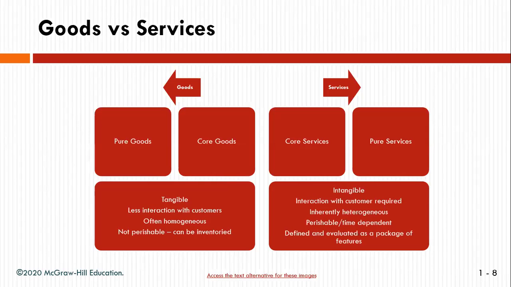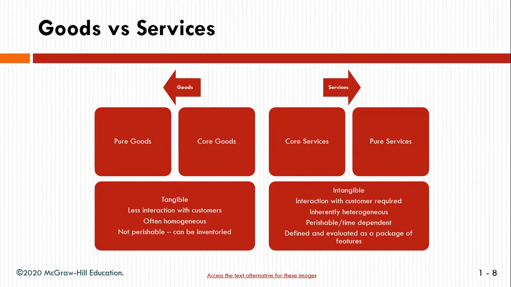And there is something in the middle, which is basically delivering a good and, to make it more competitive, adding some kind of service to it. Now there is the other side where it is a pure service, and to make it competitive, you add some product or deliver a product in order to deliver the service. So your bread and butter could be very defined.